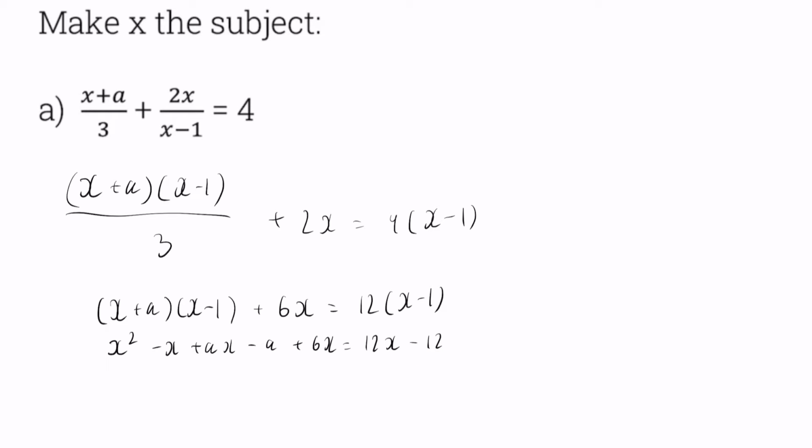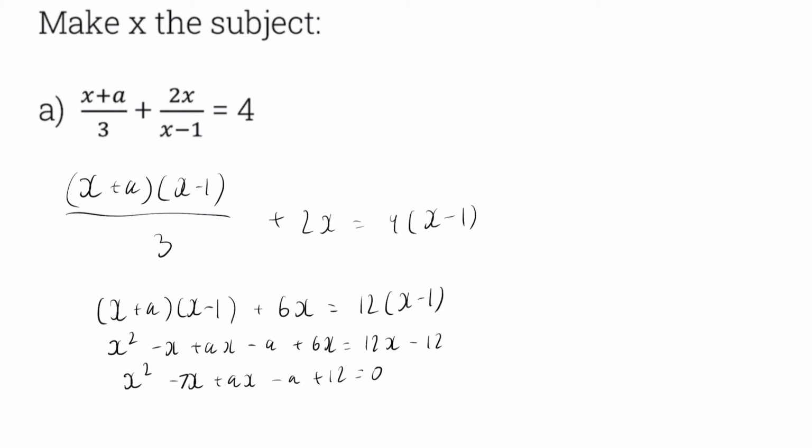So we end up with x squared minus x plus ax minus a plus 6x minus 12x plus 12 equals 0. Let's collect all the like terms. So we go minus x plus 6x, that means it's plus 5x, minus 12x, that's minus 7x. So I'll just write minus 7x here, and I'll remove the 6x and 12x.